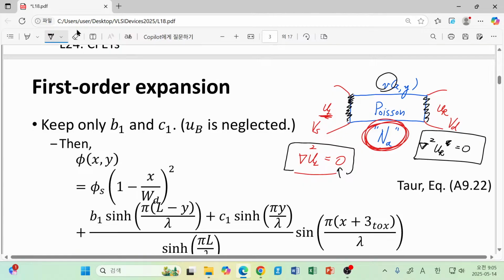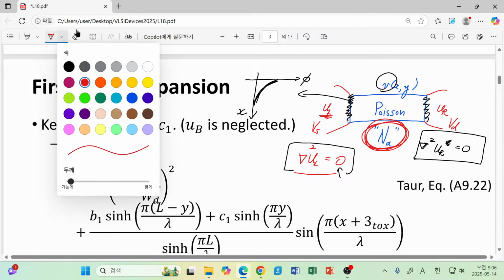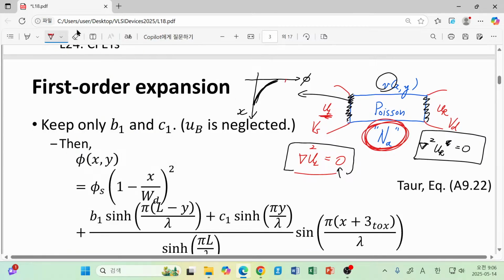It provides a parabolic behavior if we draw it as a function of depth. However, the required boundary condition fixed by our source potential is given as this one, so this difference should be taken by our left function and right function.